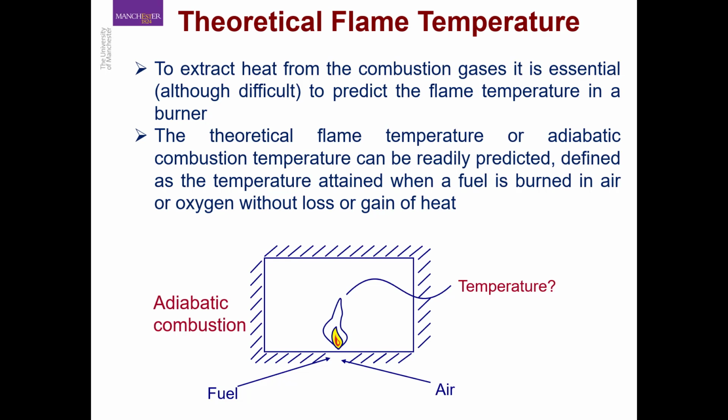So we cannot get the actual flame temperature, and we start with the maximum flame temperature that we will achieve inside our furnace. And we design our furnace and then we recalculate our actual temperature based on the geometry of the system. Okay. And this theoretical flame temperature is also called adiabatic combustion temperature because, again, as I said, we are not considering any loss or gain of heat to the process or to the system, and that's why it is adiabatic conditions. Okay.